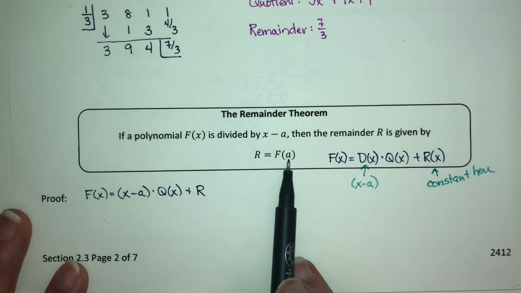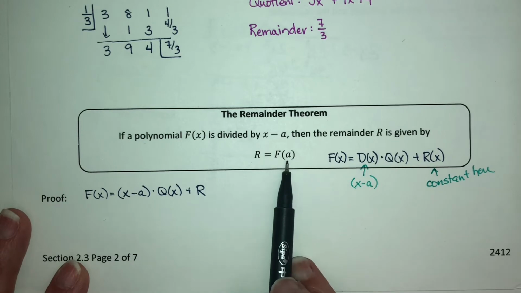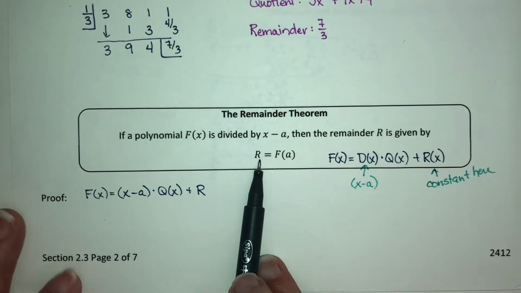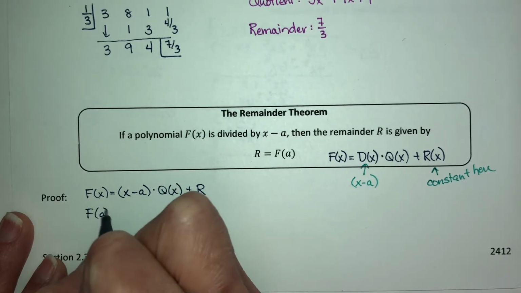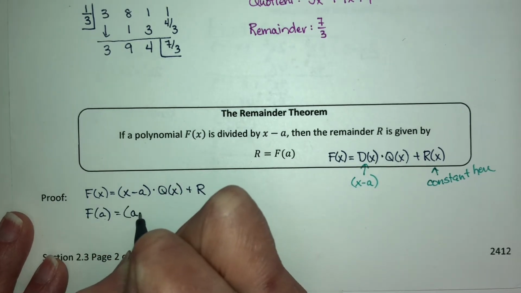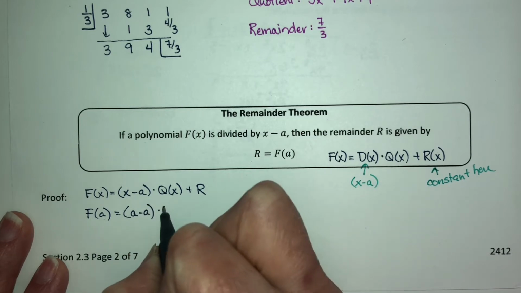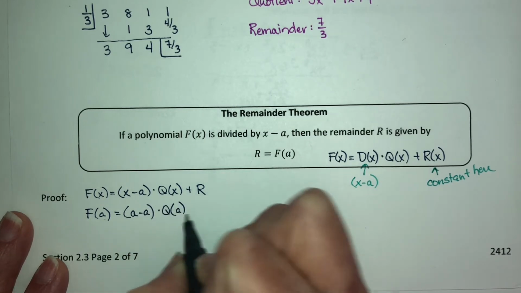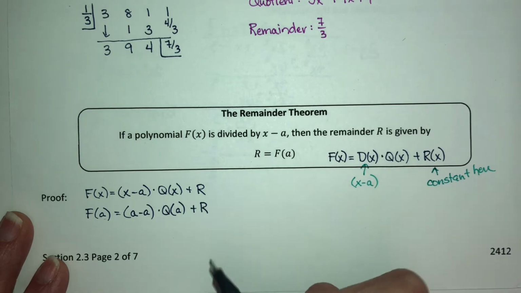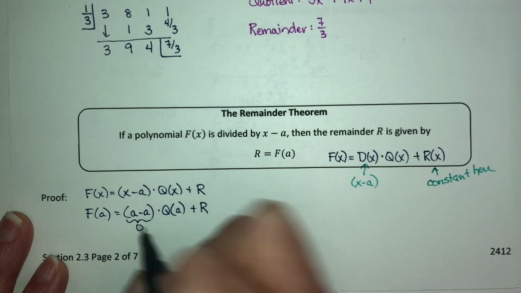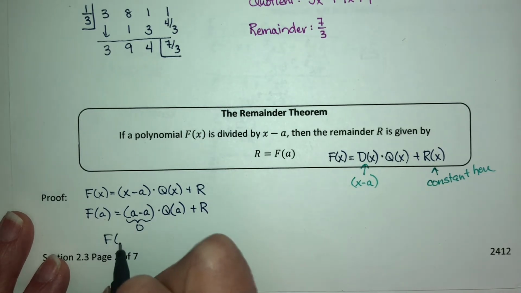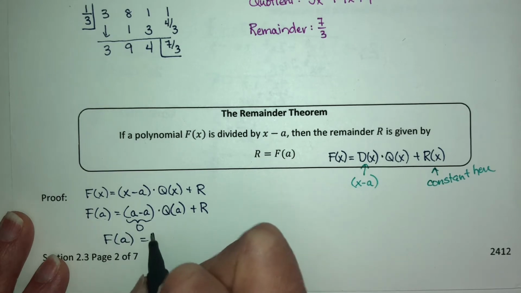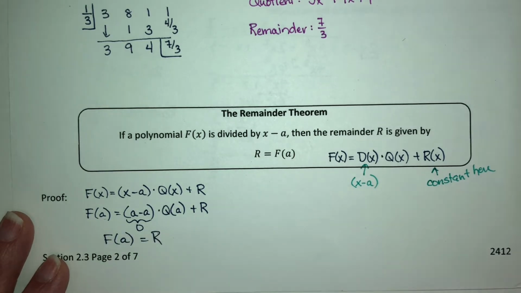Now this says if I plug in a for x, I should get just the remainder. So let's do that here. If I find f of a, then I have a minus a times the quotient of a plus the remainder. Well, that's 0, so it doesn't even matter what this is because 0 times anything is 0. And that gives me f of a is equal to r, which is exactly what we're looking for here.